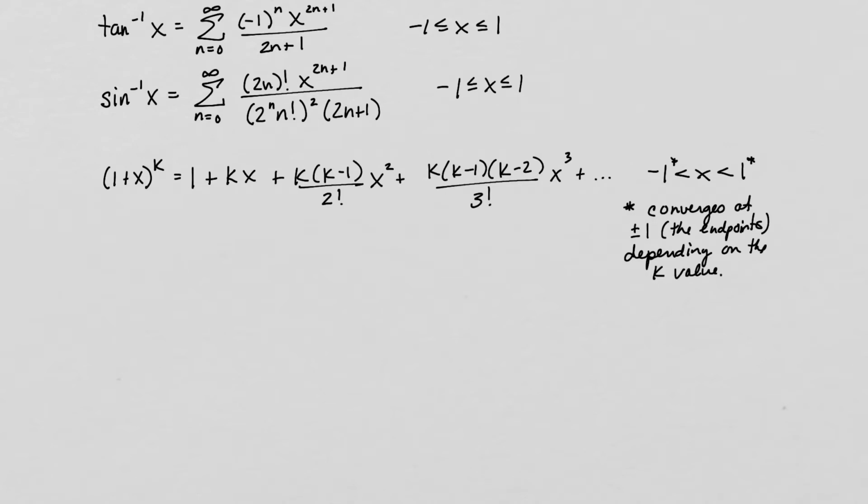So for some k's it would converge, and for some k's it would not converge. This is actually the binomial series. This one has a name. This is called the binomial series.